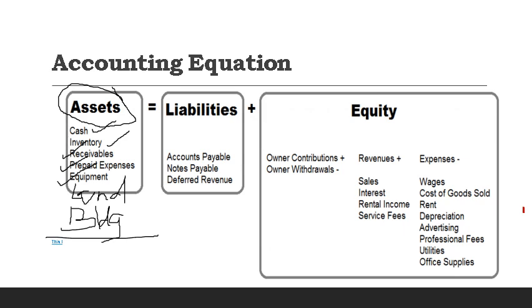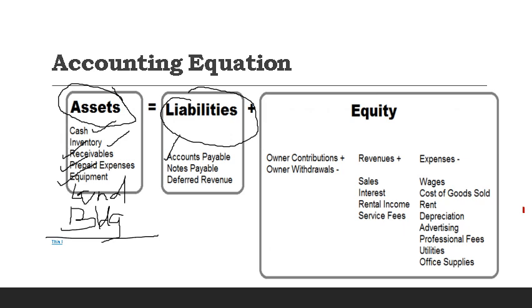Liabilities, examples are accounts payable, your credit, notes payable, cash payables. For example, you have to buy office materials.